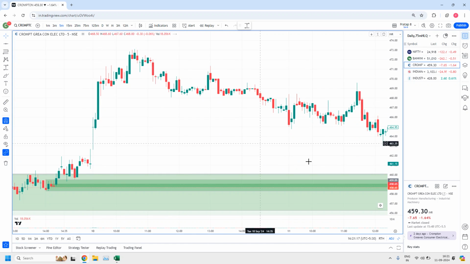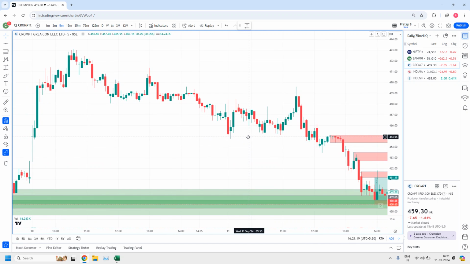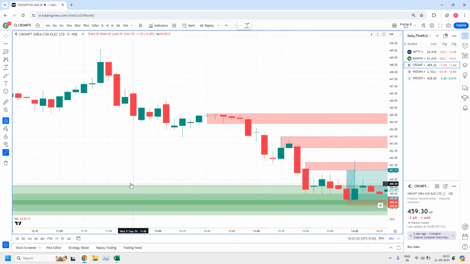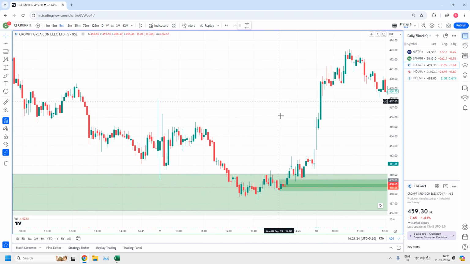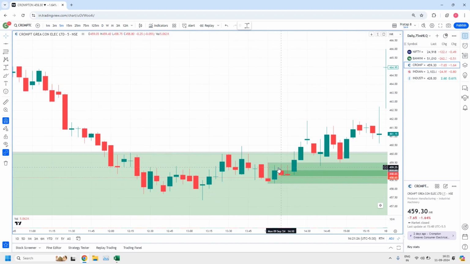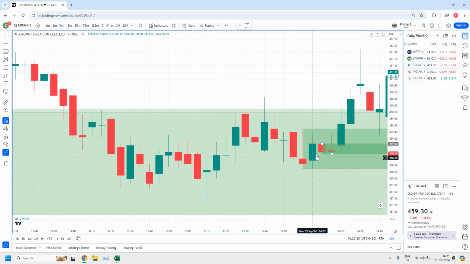And here again 5-minute zone. Have fine-tuned the 5-minute zone here. We have a rally, 2 base candles, and then again a rally candle and follow through candles. Excellent.